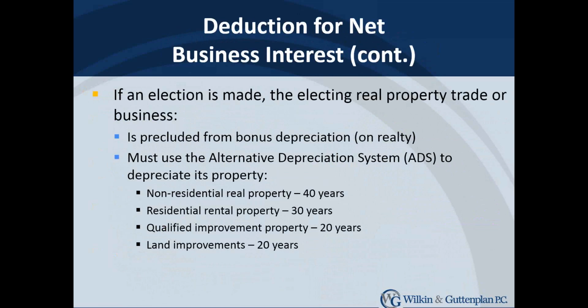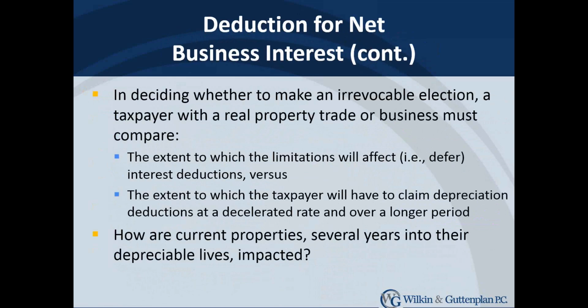So if you don't want to consider the interest limitation, you must consider limitations on depreciation, or vice versa. It's one or the other. So in deciding whether to make an irrevocable election, a taxpayer with a real property trade or business must compare the extent to which the limitations will affect interest deduction, or the extent to which the taxpayer will have to claim depreciation deductions at a decelerated rate over a longer period.